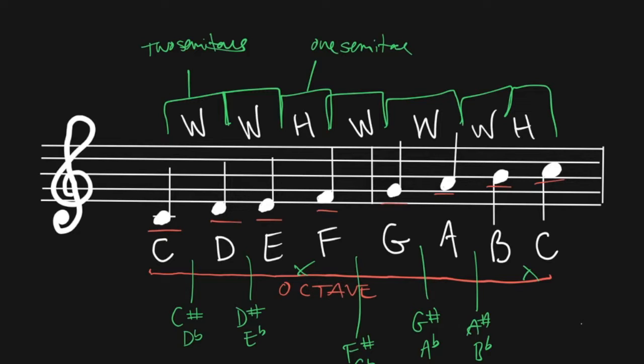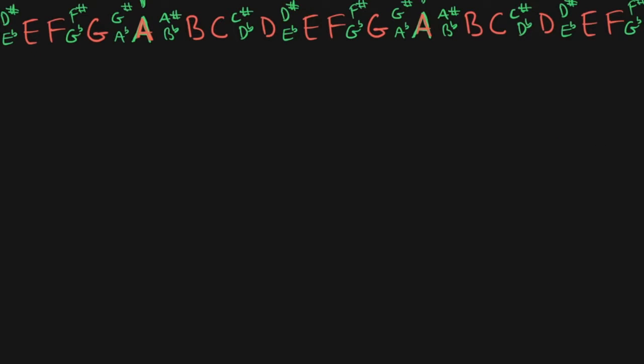Utilizing this method is really useful because it allows us to take this whole and half step formula and apply it from any root note that we want, and we'll create the major scale again, but from a new root note. So if we did the same thing from another place, it would sound different.